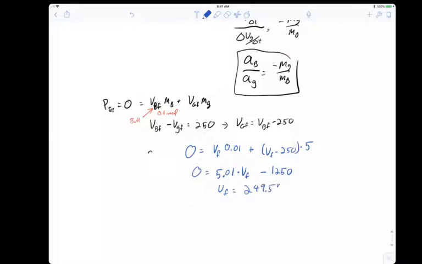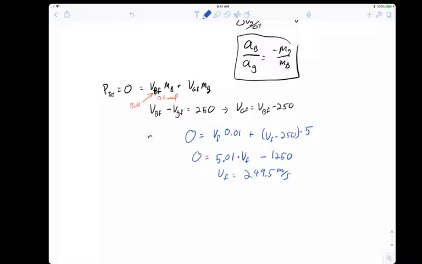V final is 249.5 meters per second. That's the bullet's final velocity relative to the ground. What's the gun's velocity, the gun final?